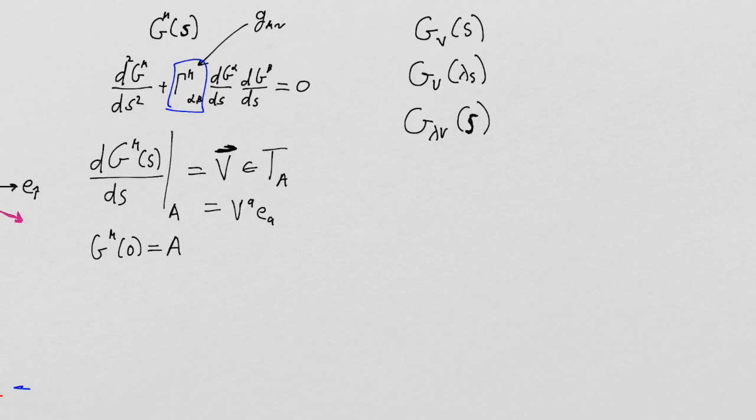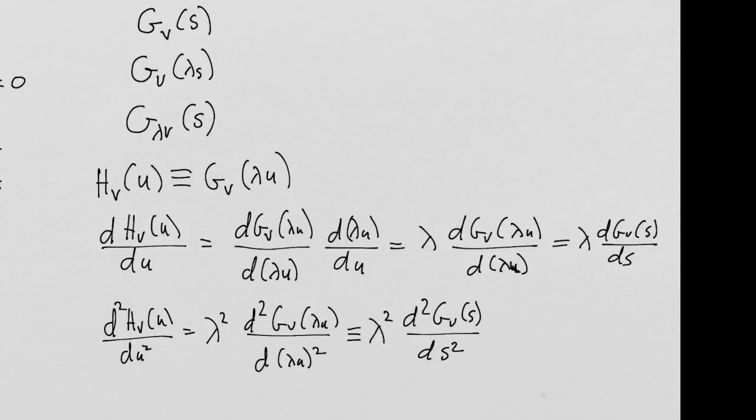So we want to study this and understand what is the difference between these two. And what we're going to find out is that the difference is not a big deal.